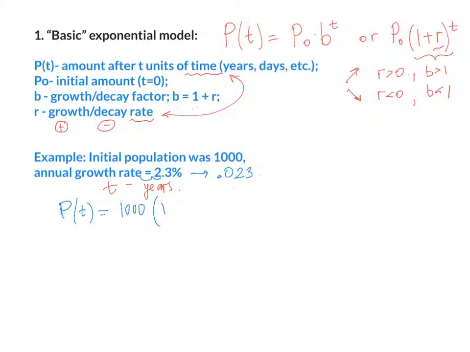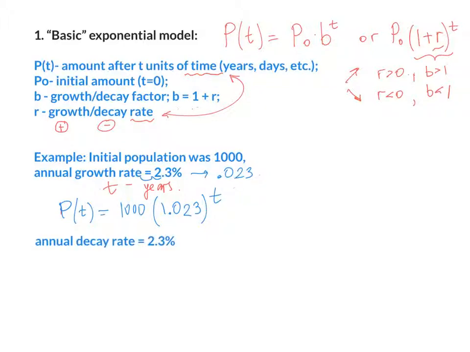And then I add it to 1, so it's 1.023 raised to the power of t. Nice and easy. So what this equation says is take the initial amount, keep all of it, but every year add 2.3% by multiplying this amount by 1.0 something. Every year by 1.0 something. Okay?